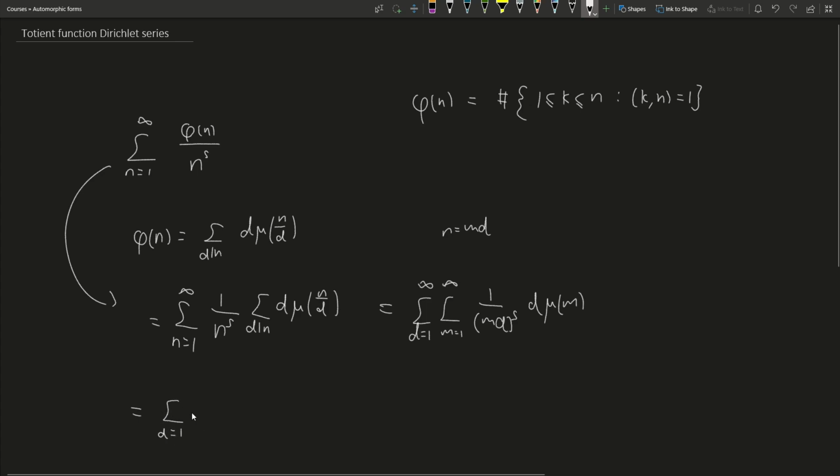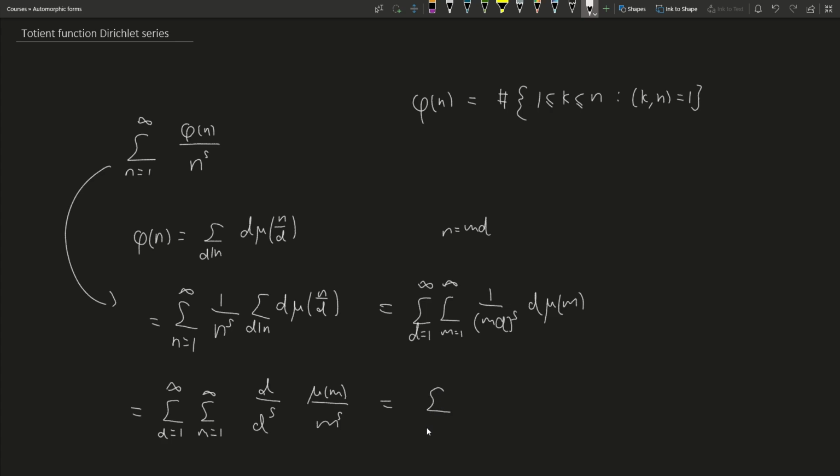It's the sum over d from 1 to infinity and the sum over m from 1 to infinity, where we have d over d to the s, and here we have mu of m over m to the s.